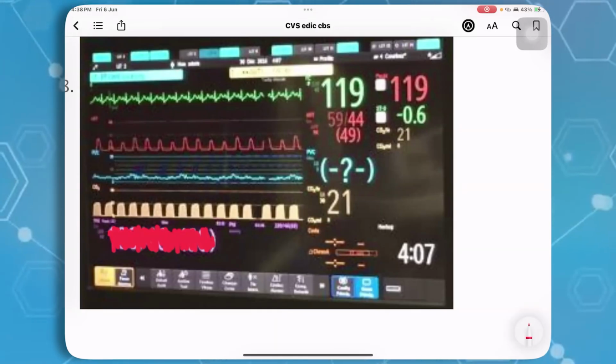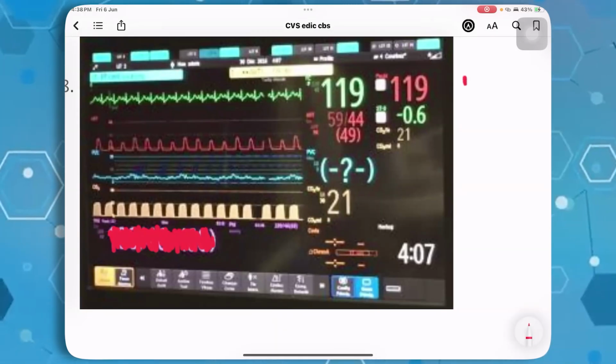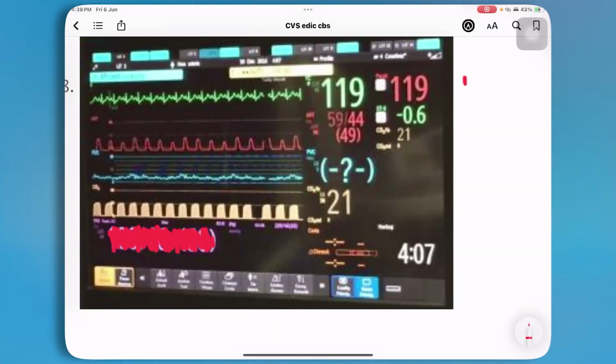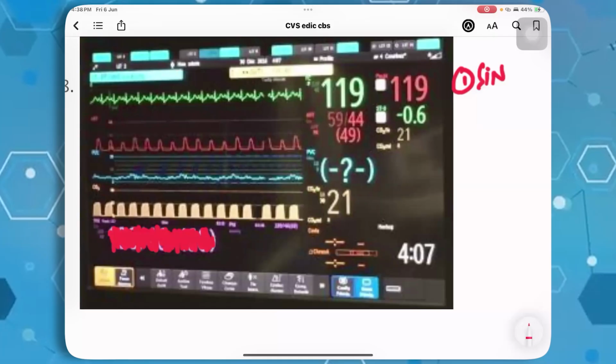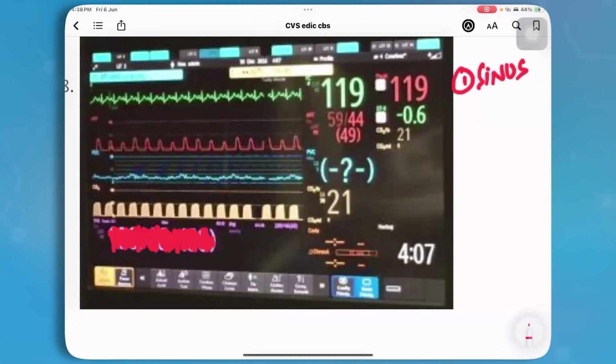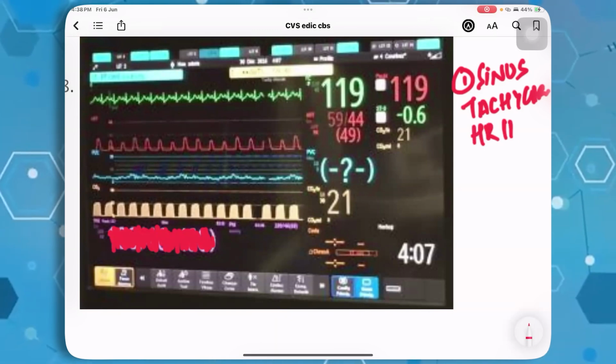Arrhythmia. A pulse pressure variation is there in the arterial waveform. No, let's begin with the ECG. What do you see? Number one, you see sinus tachycardia. You will be given monitor photos there. So you begin with sinus tachycardia, heart rate of 119.